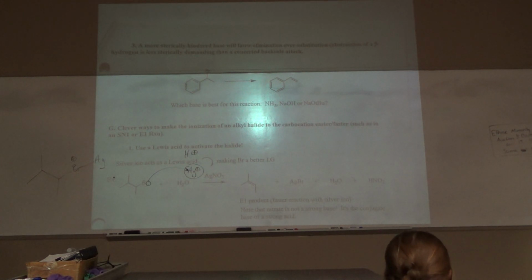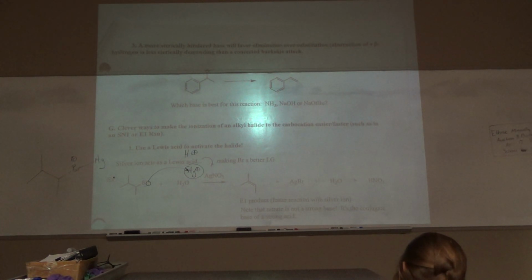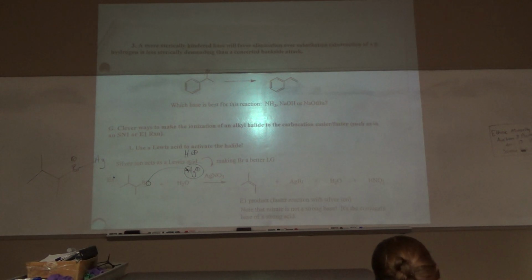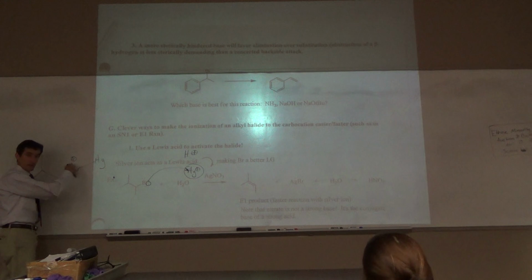These transition metals can make covalent bonds. They're sort of in between. You never want to show sodium with a covalent bond. But sometimes transition metals, they're in between, with some covalent nature. Now it's like we made the bromine positive, right?